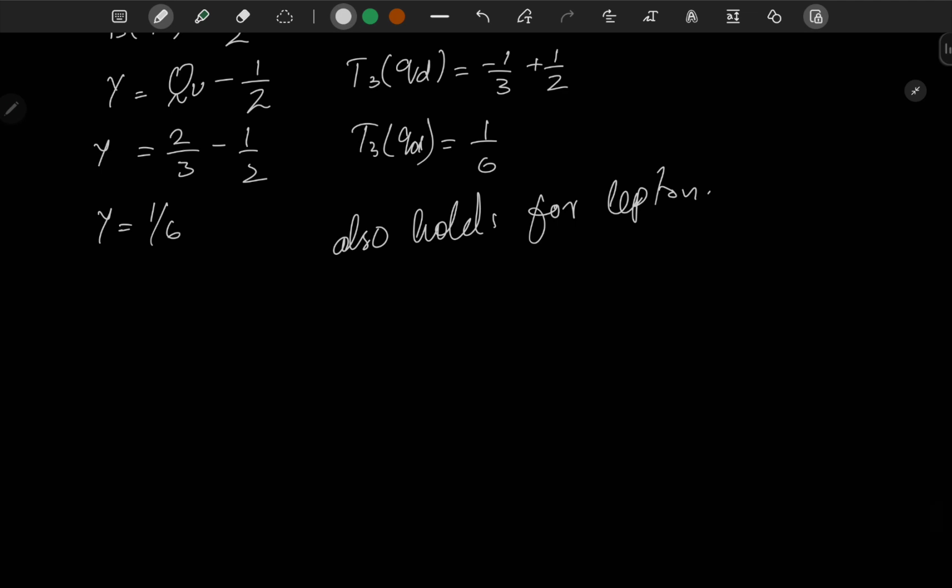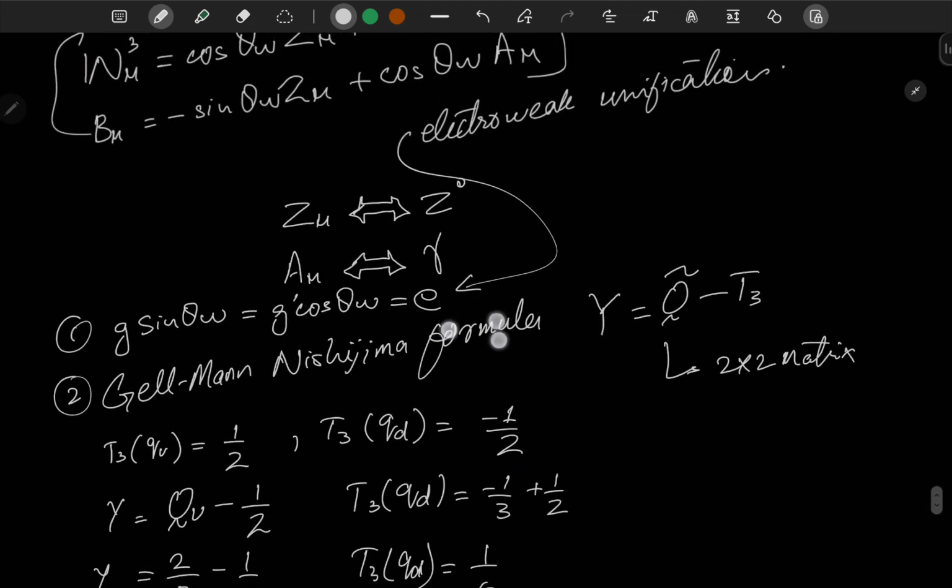Anyway, now we are going to substitute W mu 3 and B mu in our Lagrangian for the neutral current. So here we go.